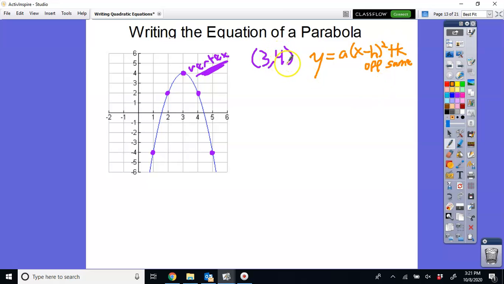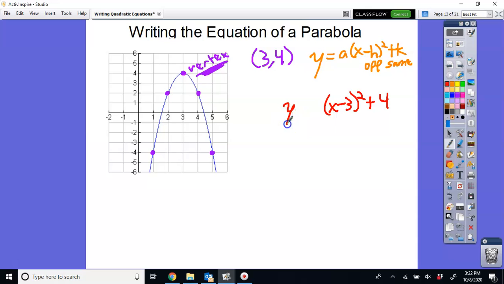I can go backwards. The opposite of 3 would mean inside the parentheses, I am going to have (x minus 3) squared, because the opposite of negative 3 would be 3. And the same, I don't have to think about too much, there's going to be a plus 4.